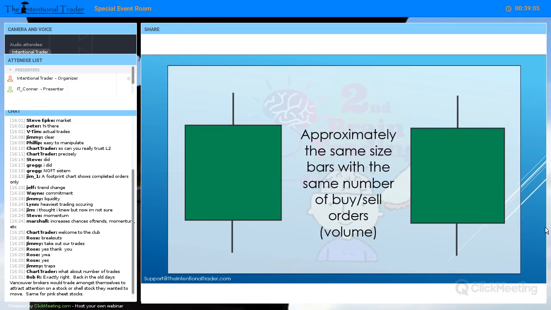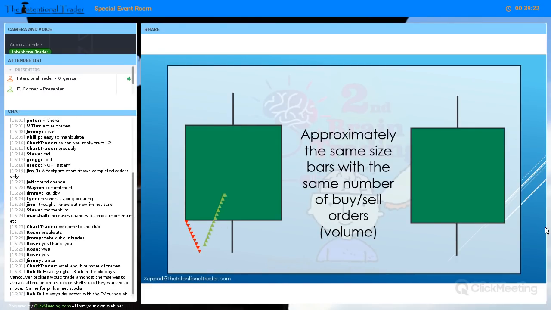So let's look at a couple of bars. These are identical bars, as far as you can tell just from scrolling around. But let's actually look at how the bar was formed. We have ticks coming in, some sell ticks and some buy ticks, and that's how the bar was formed.